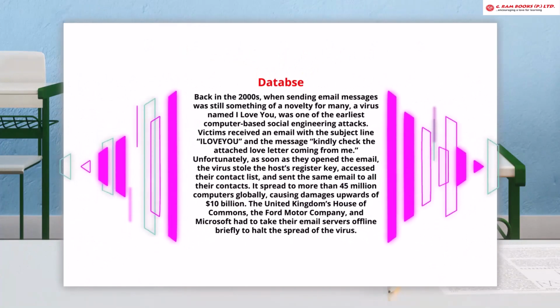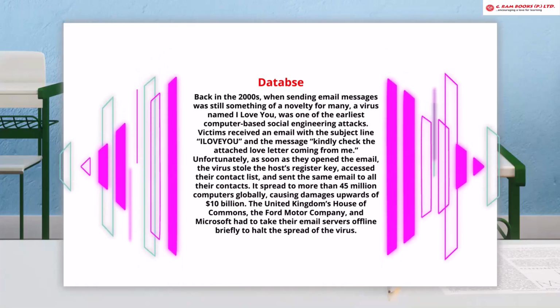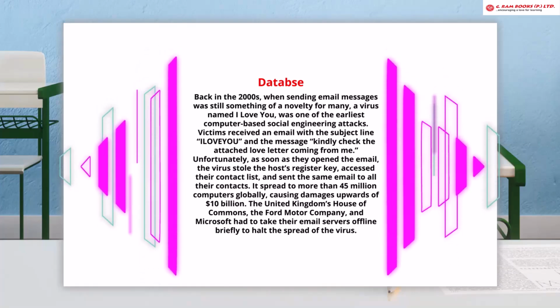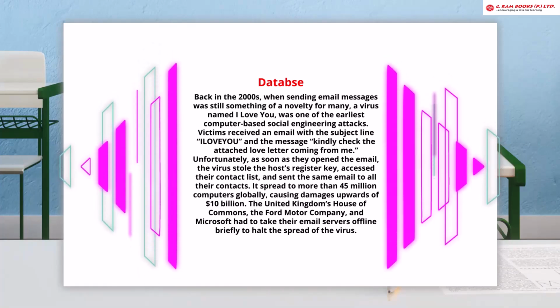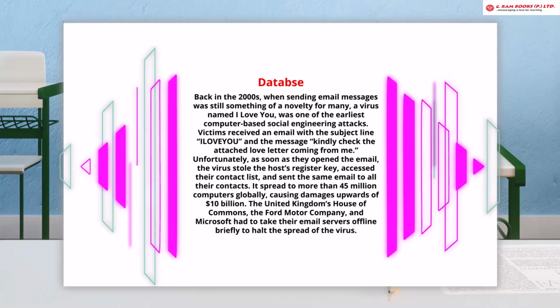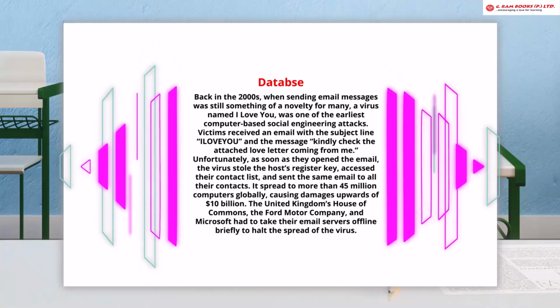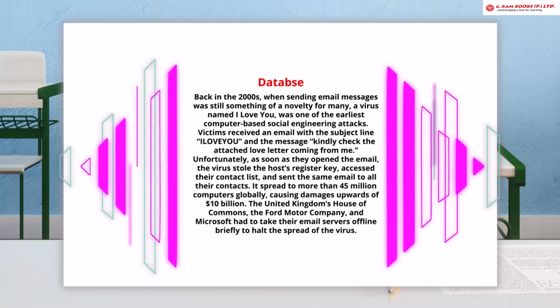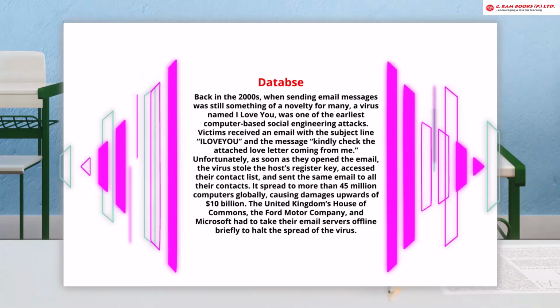Back in the 2000s, when sending email messages was still something of a novelty for many, a virus named I Love You was one of the earliest computer-based social engineering attacks. Victims received an email with the subject line, I love you, and the message, kindly check the attached love letter coming from me.